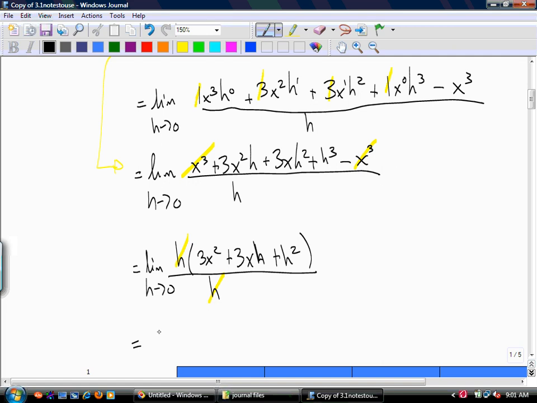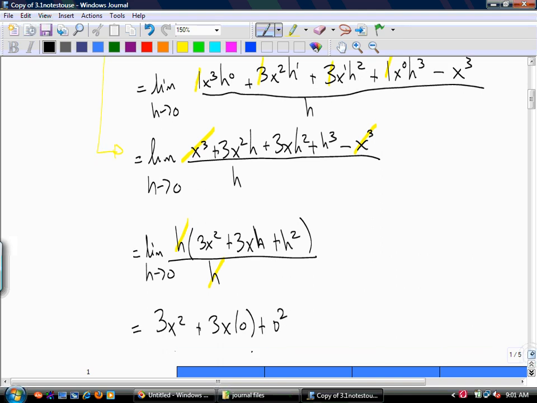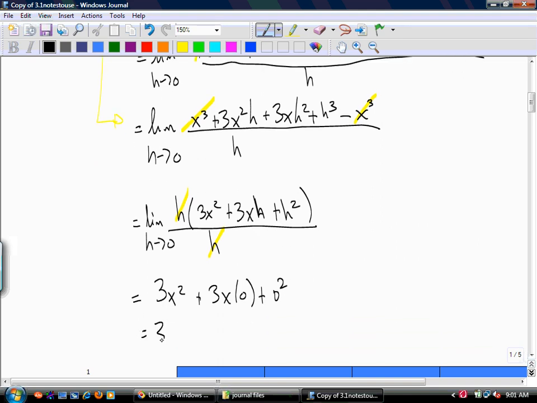Can we put 0 in for h now? Yeah. 3x squared plus 3x times 0 plus 0 squared. Hey, Mr. Epp, that's 3x squared. So if our original function was x cubed, our derivative is 3x squared.